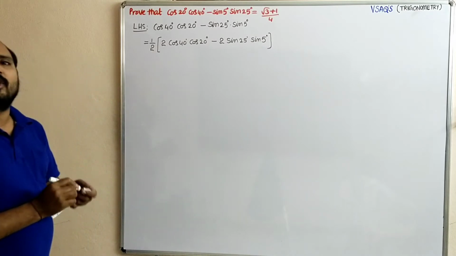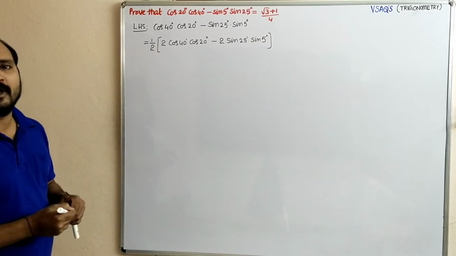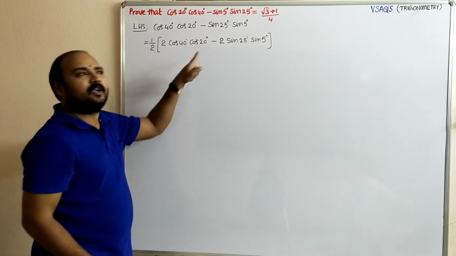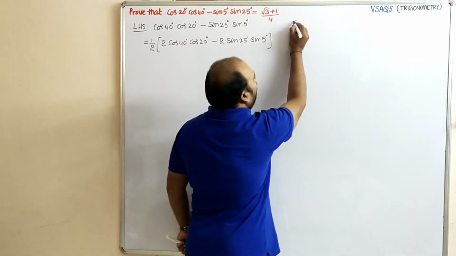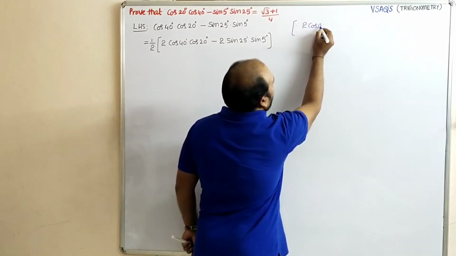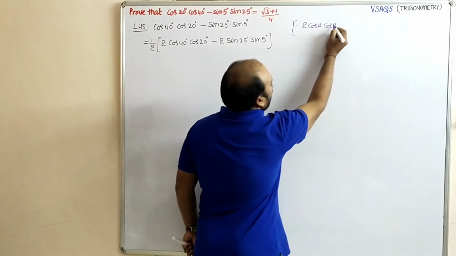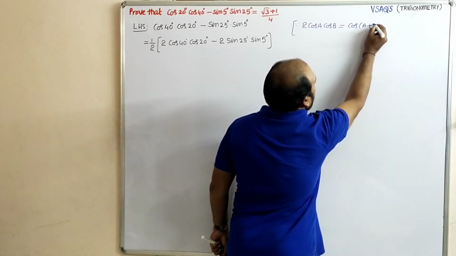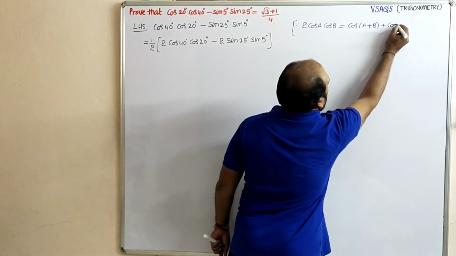After that you can apply the transformation formula. The first term, if you observe, is 2 cos A cos B. We have a formula, just now I wrote: 2 cos A cos B is equal to cos of A plus B plus cos of A minus B.